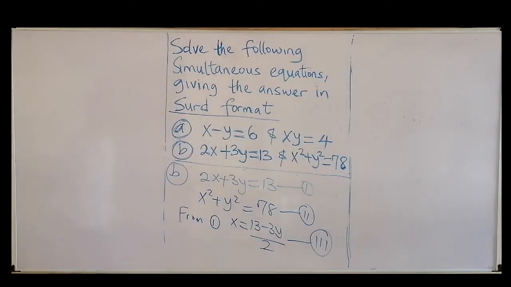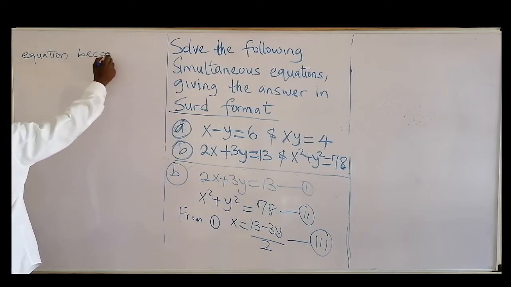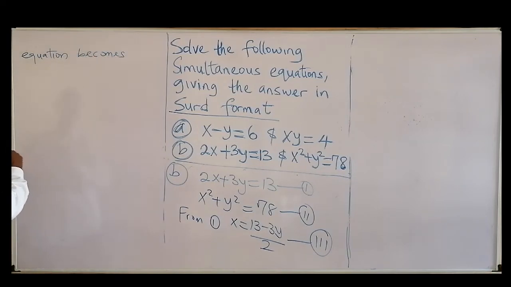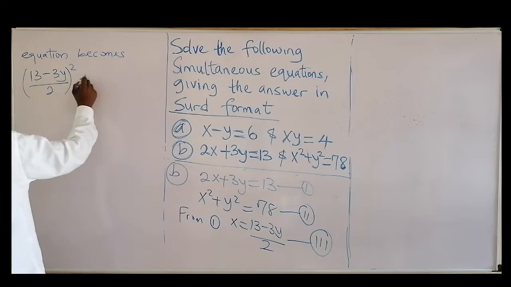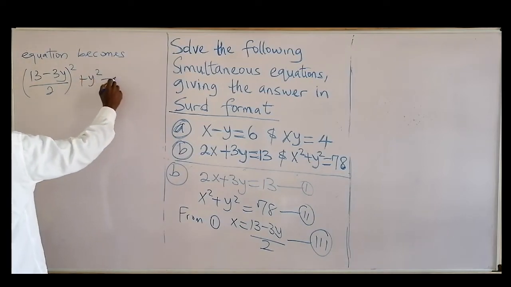Okay, then substitute 3 into 2. So equation 2 becomes x squared, that's 13 minus 3y over 2, you square that, then plus y squared equal to 78.